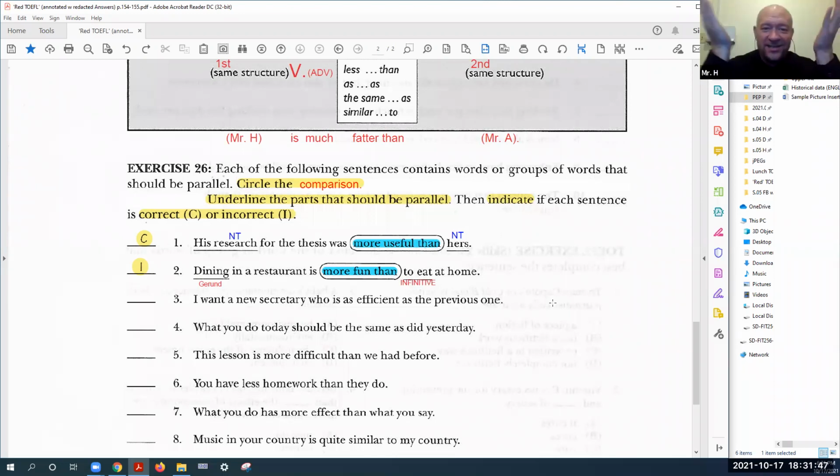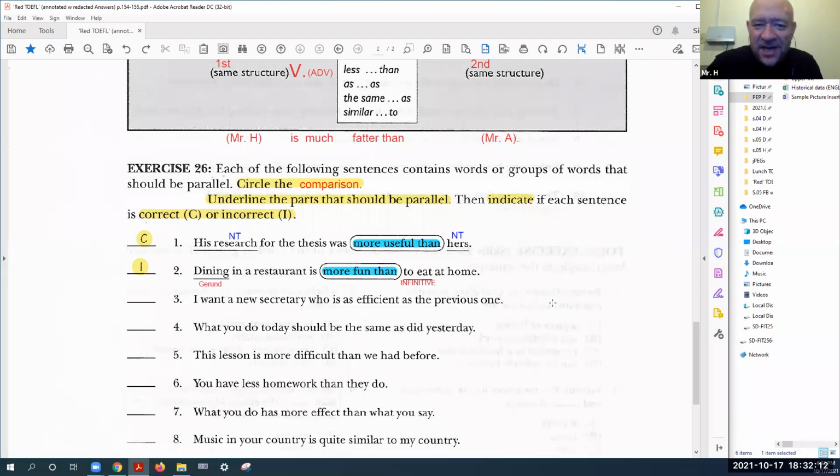Correct. This is not balanced. This is not parallel. How do I fix it? To dining in restaurant? Now you are joining the infinitive and the gerund together.